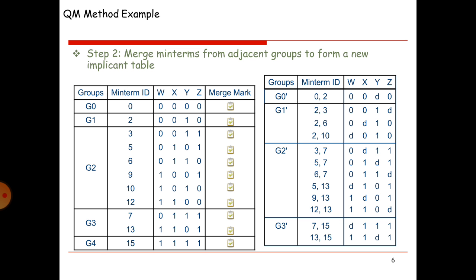In the third bit, that is Y, we have 0 and 1, so in that case you put D. Next you have to compare the G1 and G2 groups. So that's all about G0 and G1. There is only one prime minterm ID, so that's all about G1. The comparison of groups is represented by G0 dash.